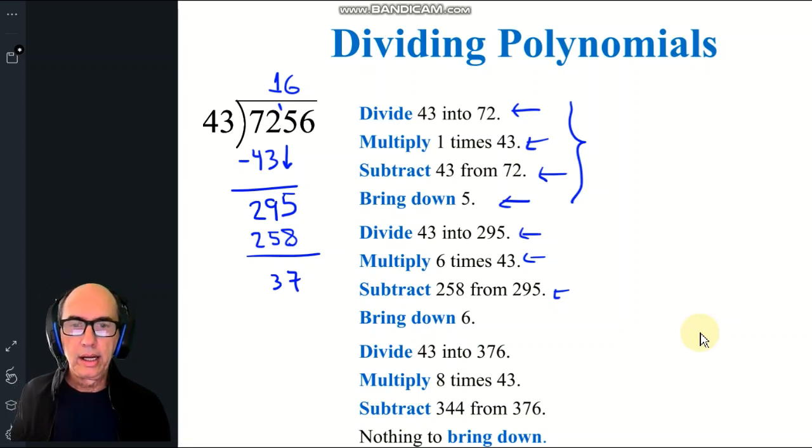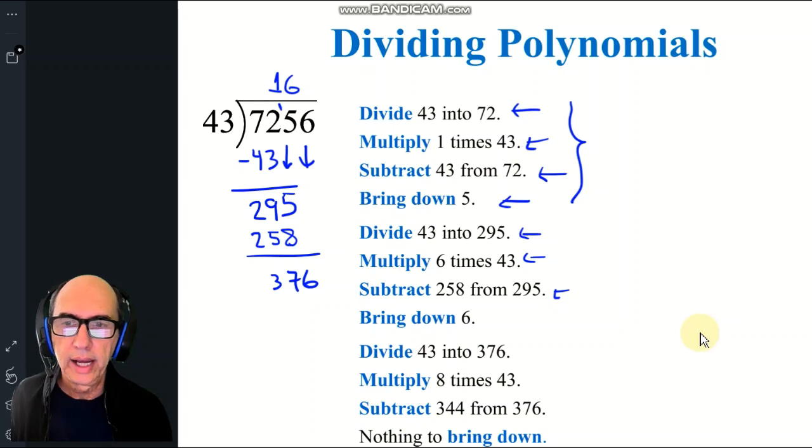Okay, that's what we will do. Bring down 6 and then divide again. 376 divided by 43, maybe 7, maybe 8. So let's try 8. 8 times 3, 24. 8 times 4, 32.